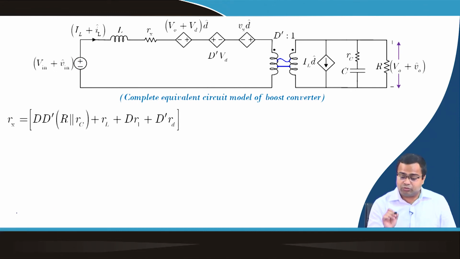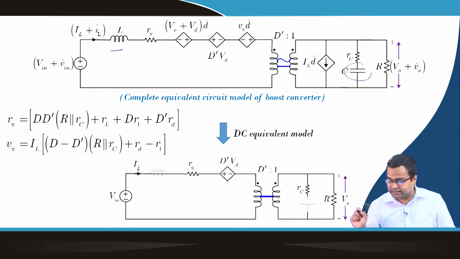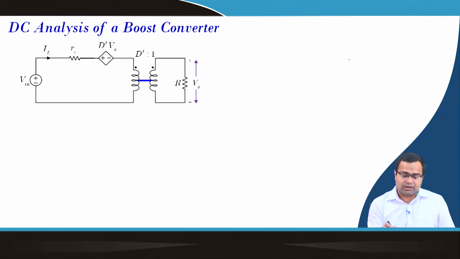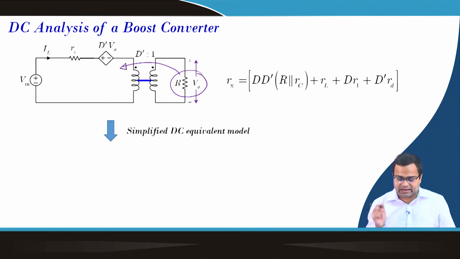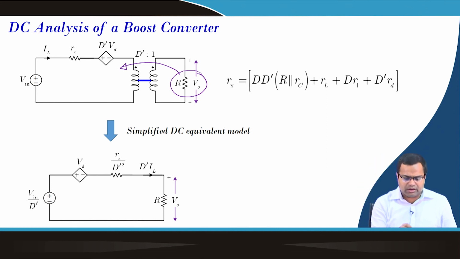Then, in order to get the DC equivalent circuit, we need to short the inductor and open the capacitor, and that circuit is here, and then we need to make a suitable transformation. In this case, we can transform this to this side, and this is a simplified circuit. Here we have transformed right to left, but left to right, we can do either side.